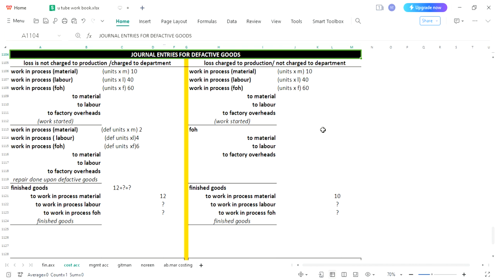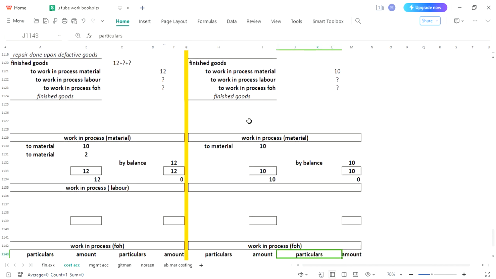Since there is only one entry on the debit side, whatever you write in front of work in process material at the debit side, the same amount would be posted on the credit side, because there is only one entry in the ledger. Anyhow, you will be making three ledgers for defective goods as well: work in process material, work in process labor, and work in process FH. So the second ledger would be work in process labor and FH.